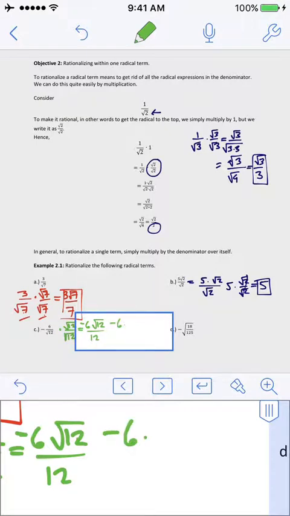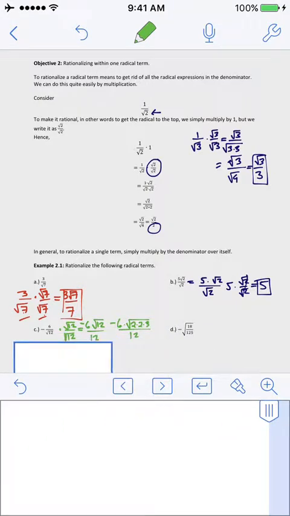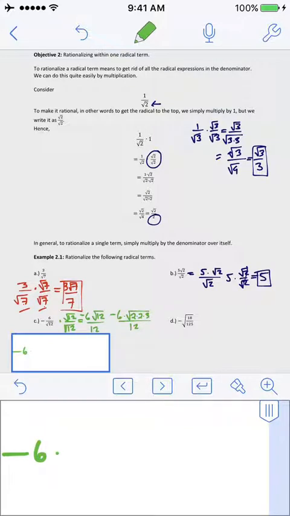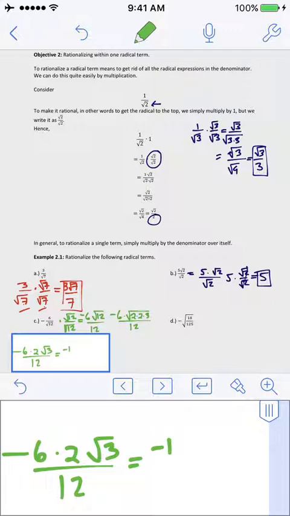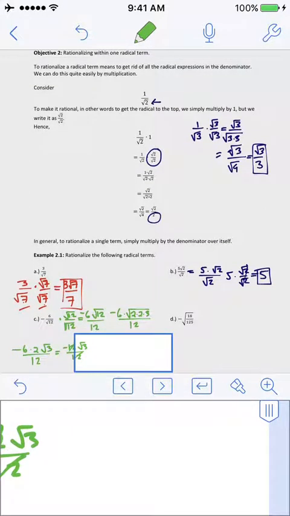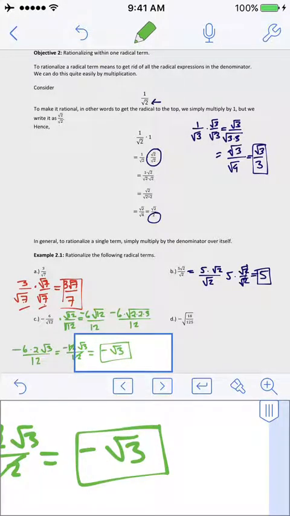So that's 6 times 2 times 2 times 3 over 12. Going down here, negative 6 times 2 root 3 over 12, negative 12 root 3 over 12. Hey, look, those cancel. I end up with negative root 3. So always remember to include those other simplification rules as well.